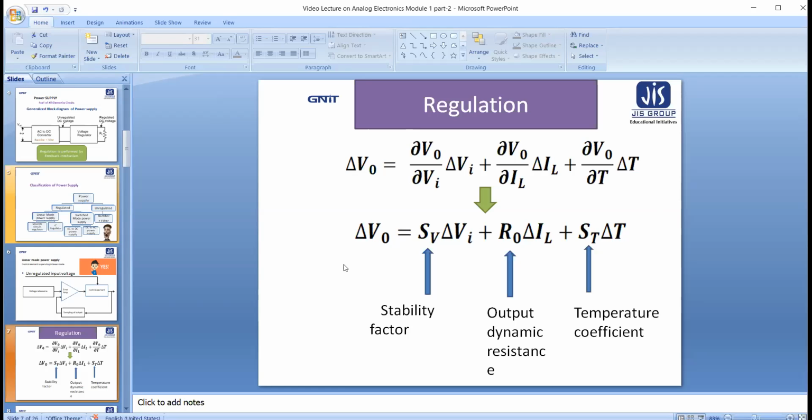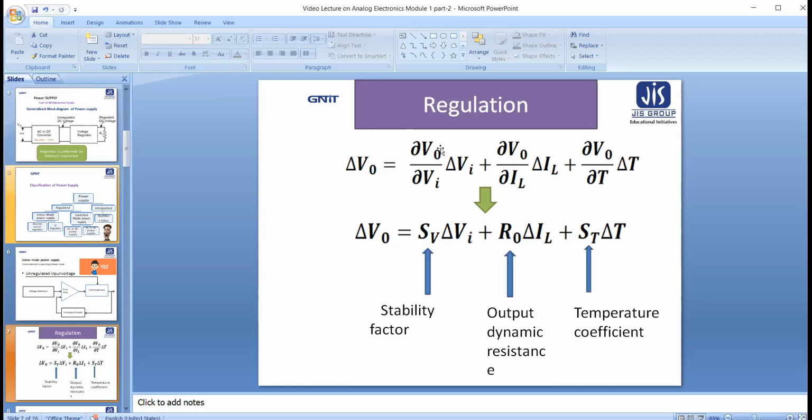Now, if we finely represent the change in the output voltage, it will look like capital S suffix V into delta Vi, plus R naught into delta IL, plus S suffix T into delta T. Now, S suffix V stands for the stability factor of the voltage, that is del V naught by del Vi.